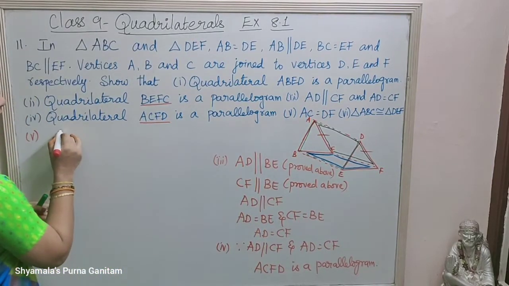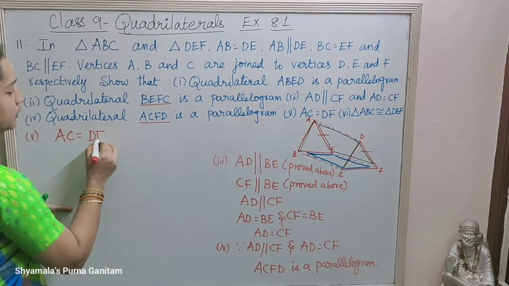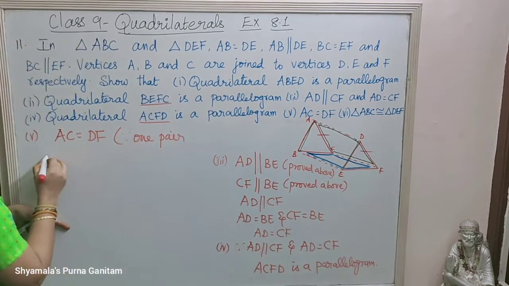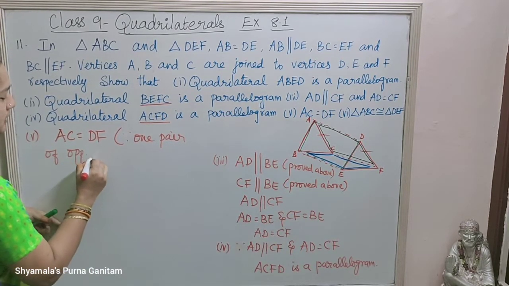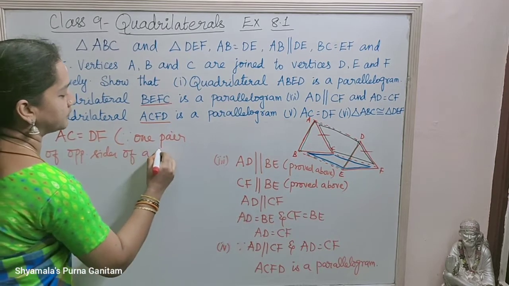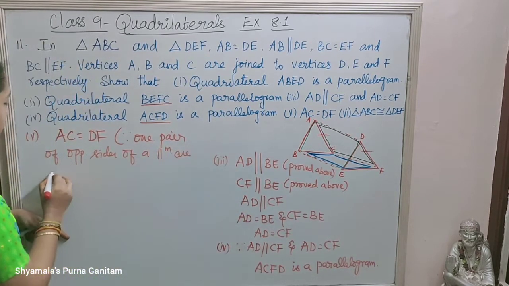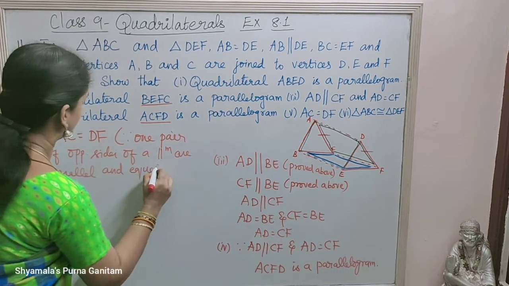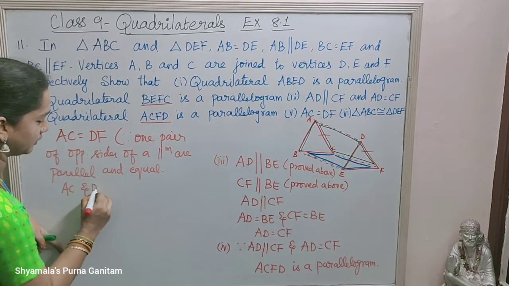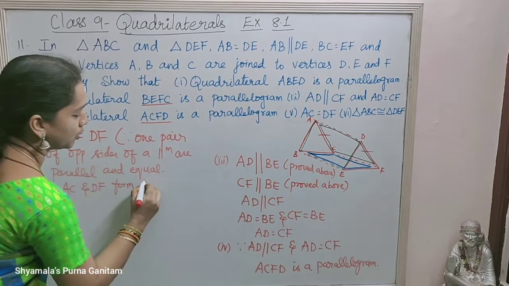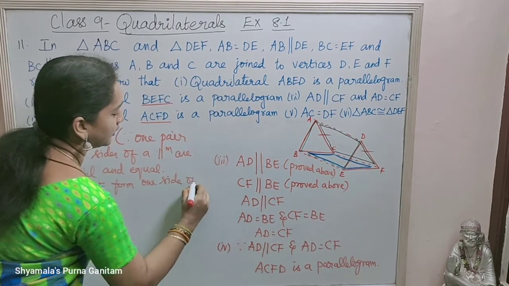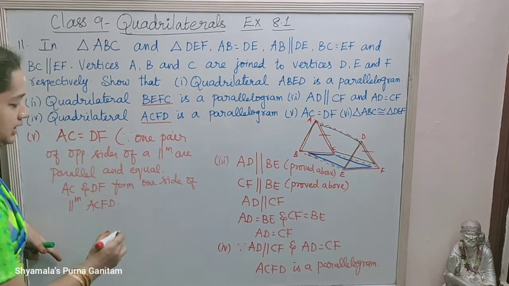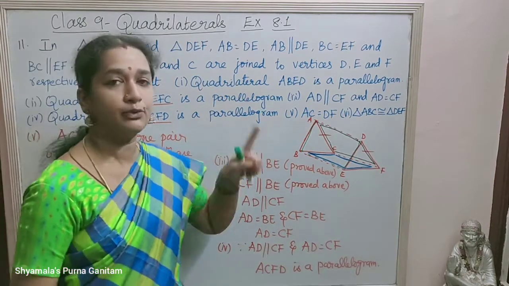So AC is equal to DF, since one pair of opposite sides of a parallelogram are parallel and equal, AC and DF form one side of parallelogram ACFD. So this is how you have to write for the fifth one.